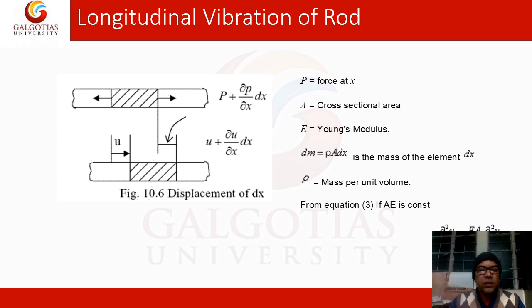The force will increase to P plus ∂P/∂x dx, and in the same way the change in length will be du plus ∂u/∂x dx, where P is the force at x, A is the cross-sectional area, E is the Young's modulus, dm is the elemental mass for the cross-sectional area over dx, and ρ is the mass per unit volume. In this equation you can see that A times E is constant.